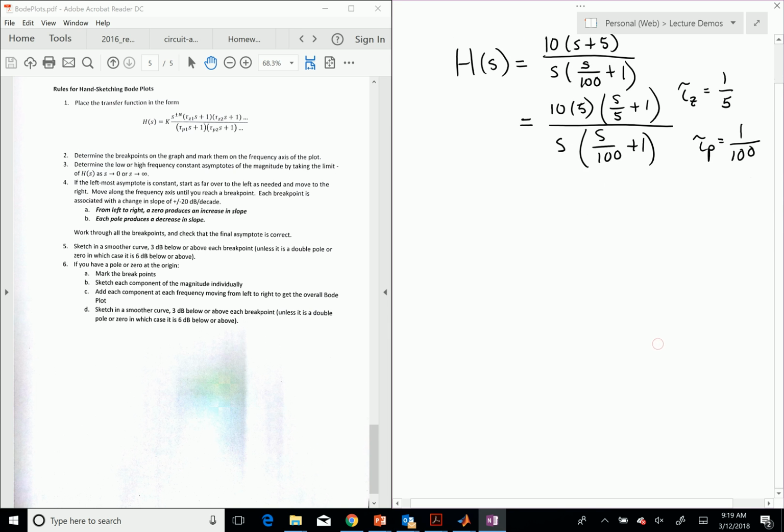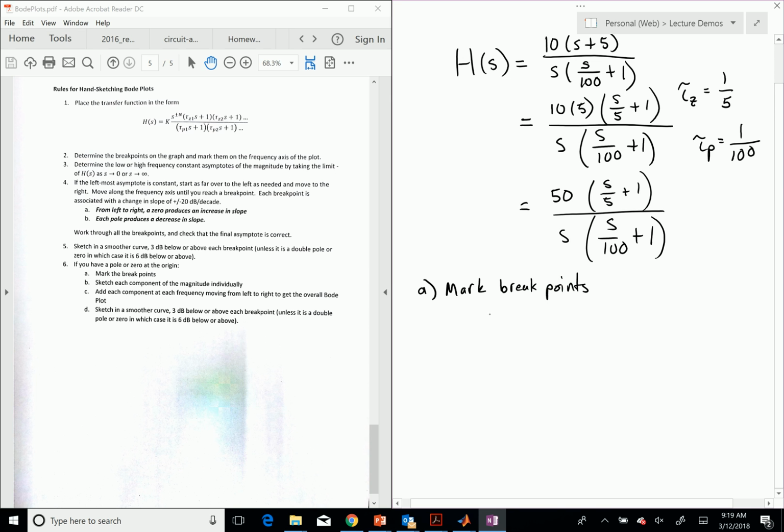So from that, let's simplify and just say I've got 50 times s over 5 plus 1 times s over 100 plus 1, like that. Now, let's follow those various steps that I outlined. So my breakpoints. Mark breakpoints. Well, what are my breakpoints here?